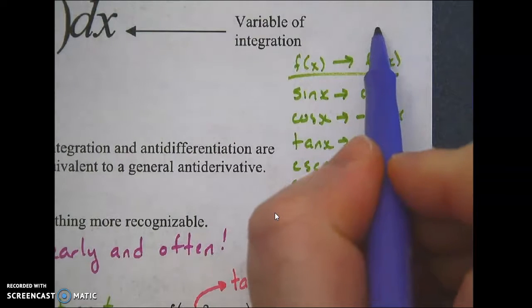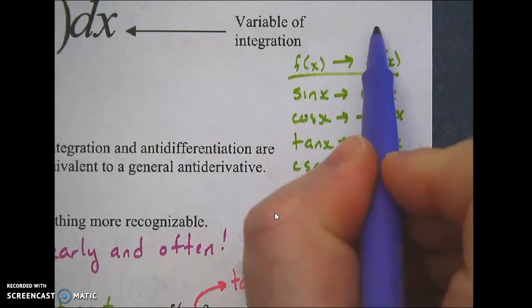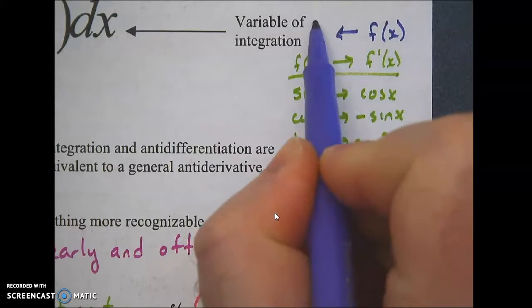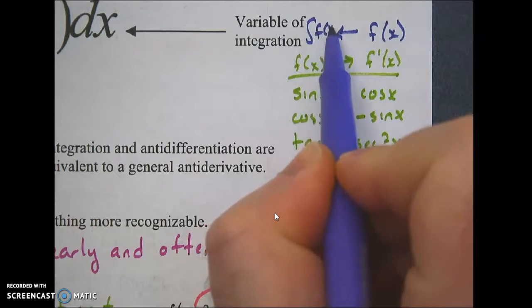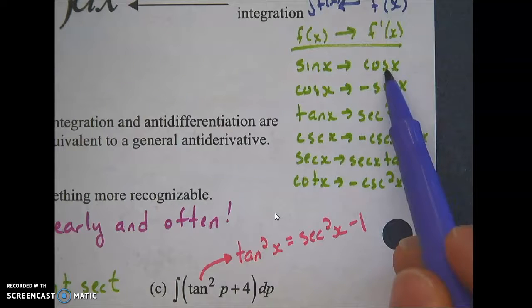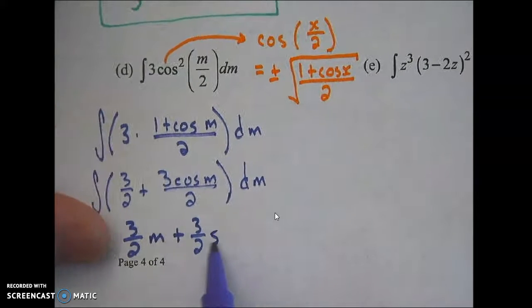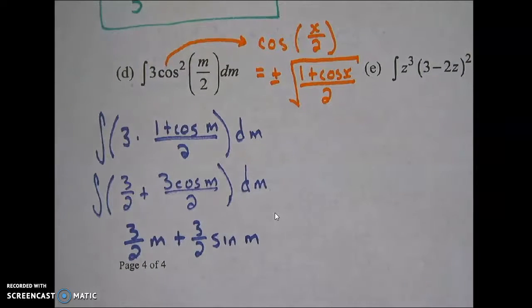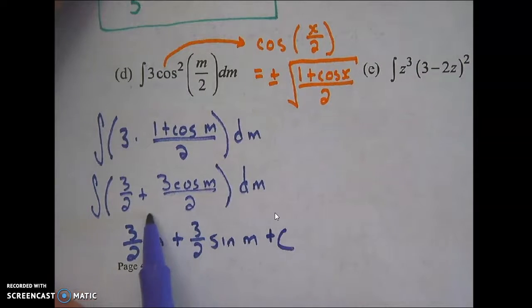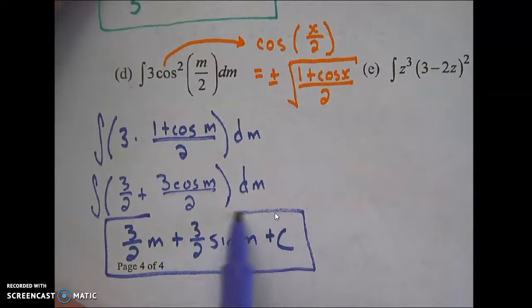If I called this f, this would be the integral of f. Now what I'm trying to integrate is cosine, so when I integrate, I'll get sine. Life is good, no negatives to worry about. So sine of m. Box it in, put it up on your fridge. No. What did you forget? Hopefully you didn't. Plus C.